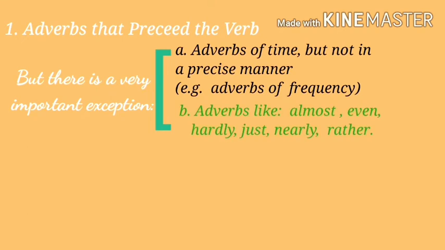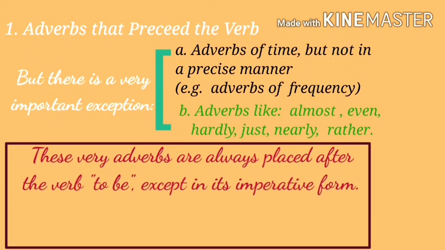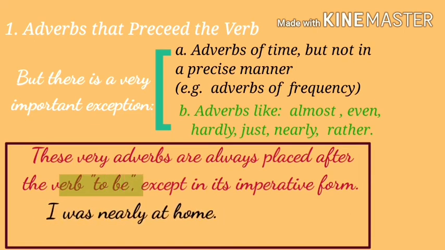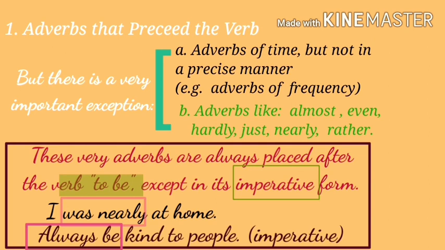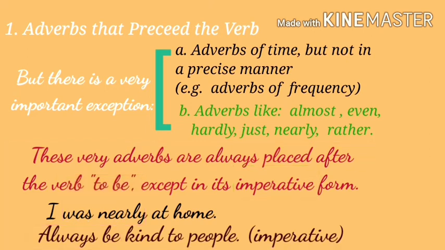This exception is that these very adverbs that we have already mentioned are always placed after the verb to be, except in its imperative form. Examples: I was nearly at home. Always be kind to people.